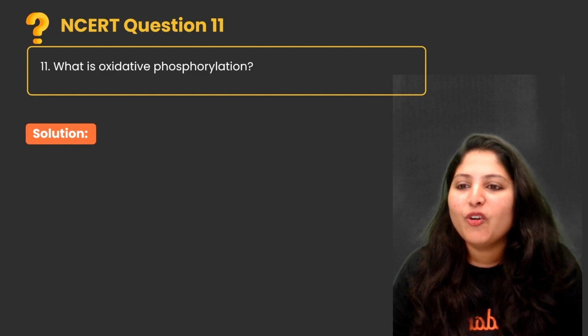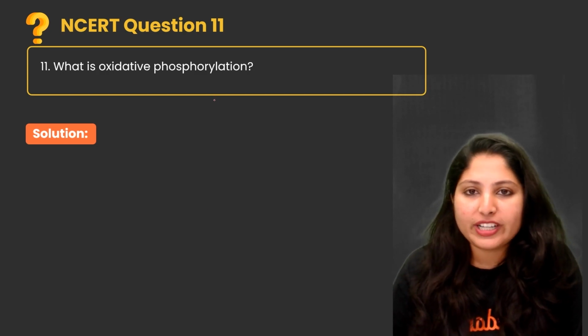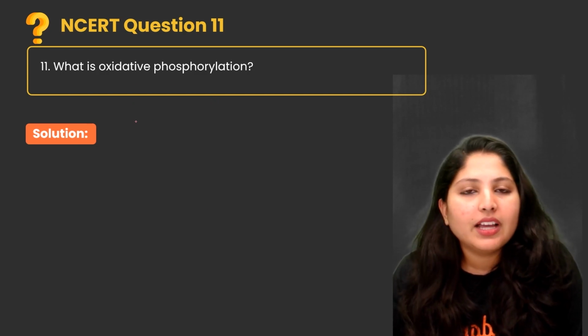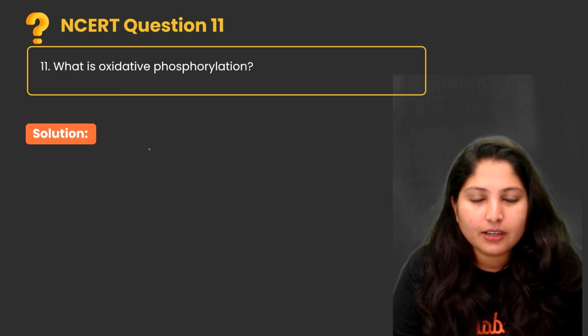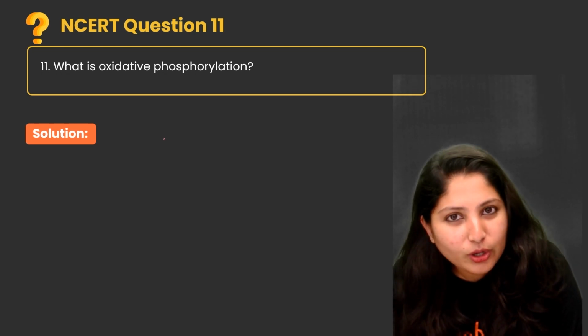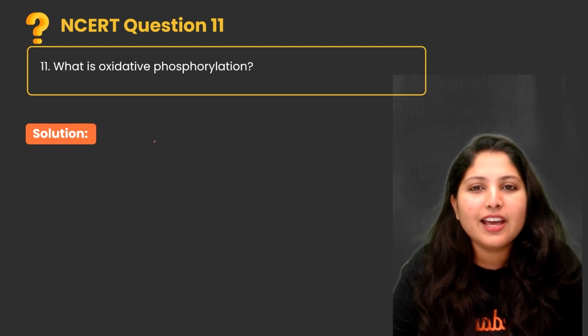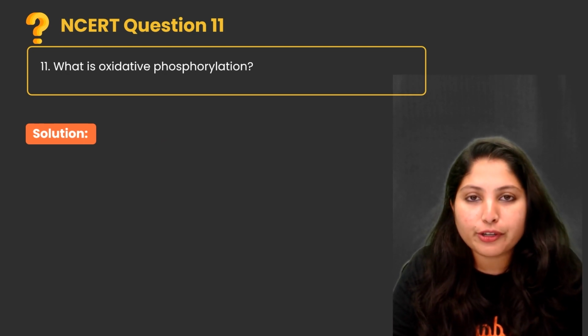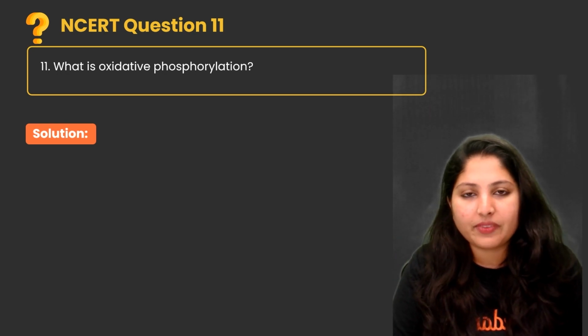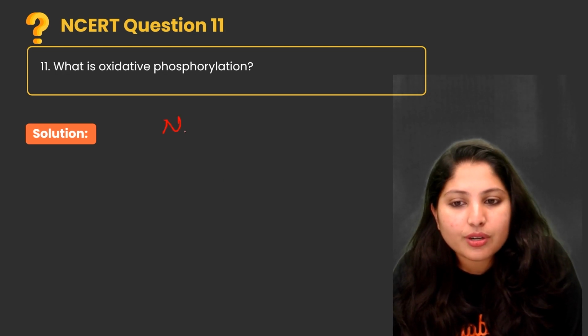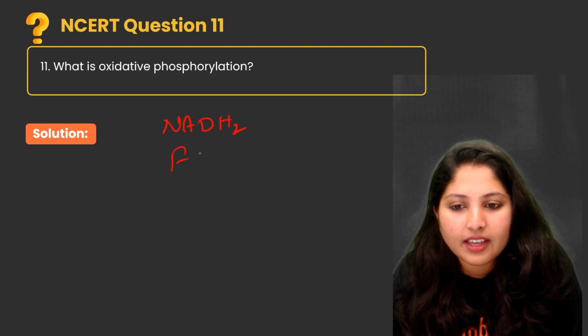Next question. What is oxidative phosphorylation? So we know during respiration, what happens? Glycolysis, Krebs cycle, right? So these reactions form products, and the product is ATP and NADH, or FADH2.